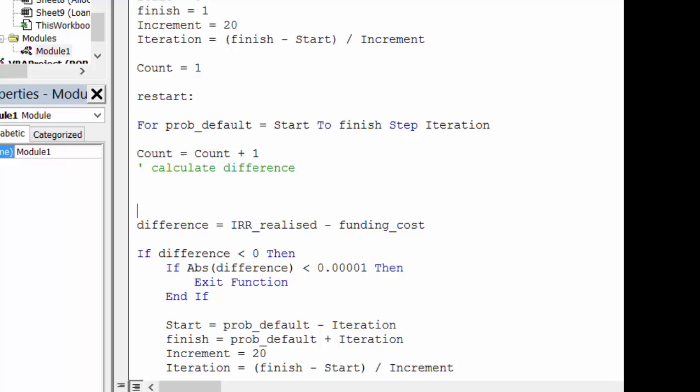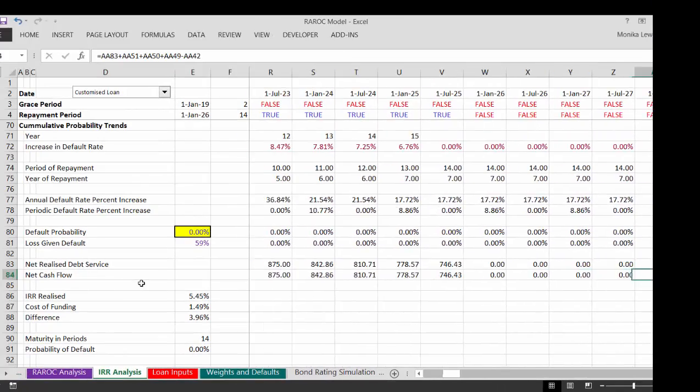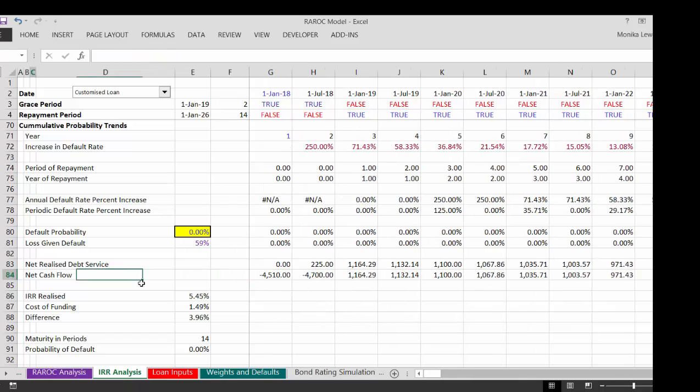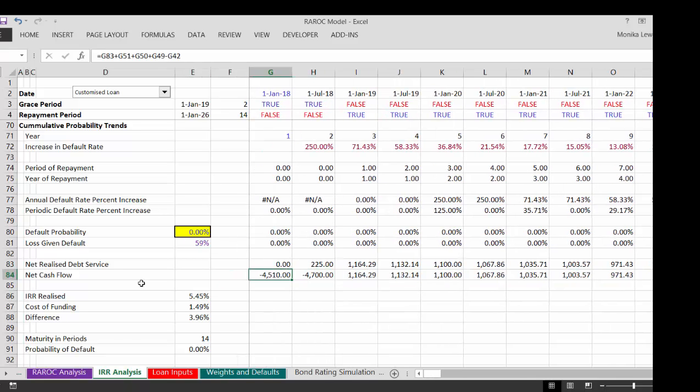Now, to get the IRR realized, we need to go around and compute the net cash flow. And the net cash flow is going to be inside a loop. And this time, I'm going to assume that we just press Shift Control right arrow when we collect our data.